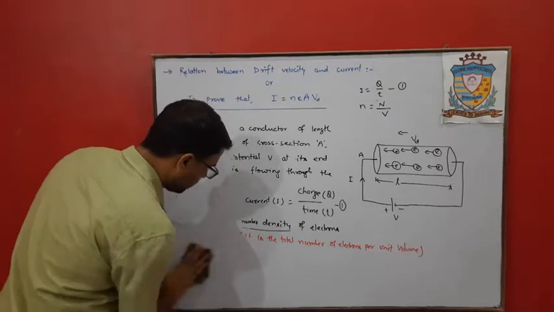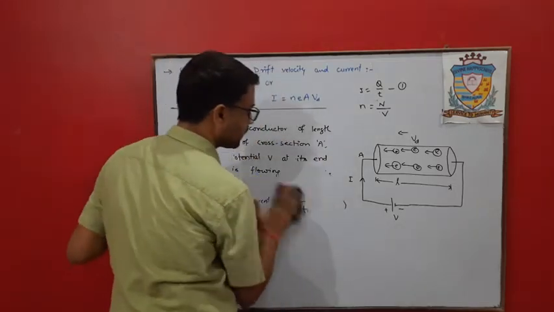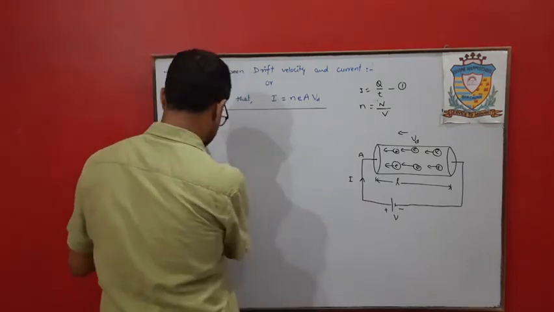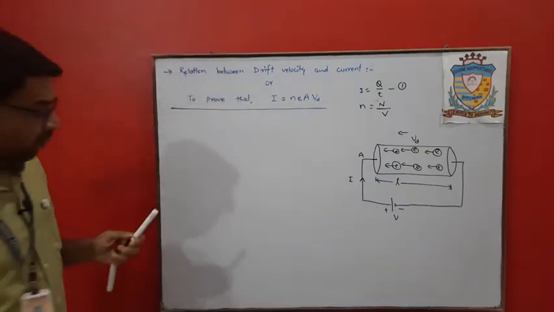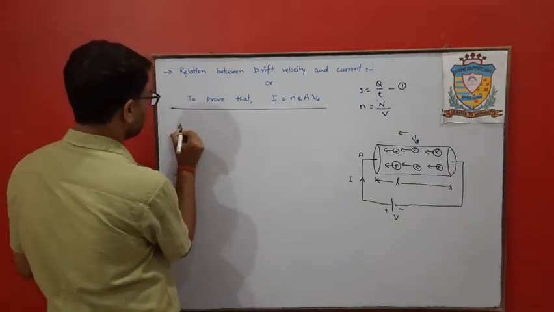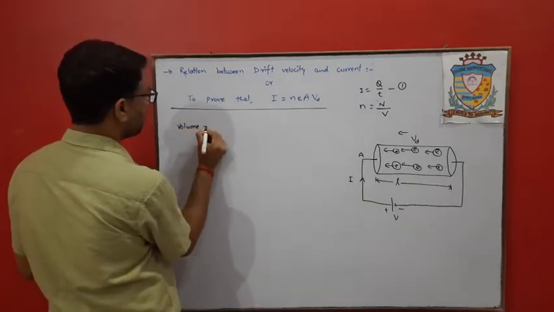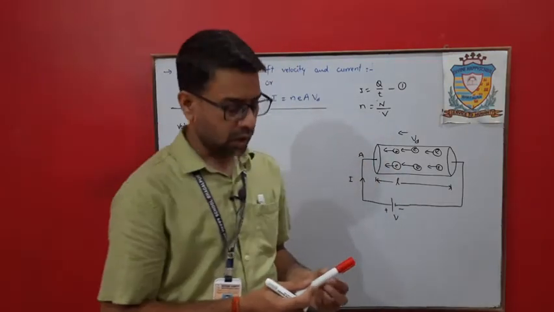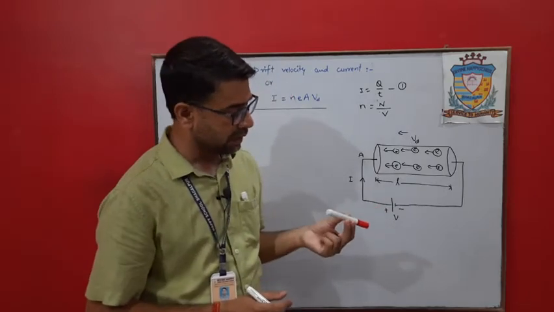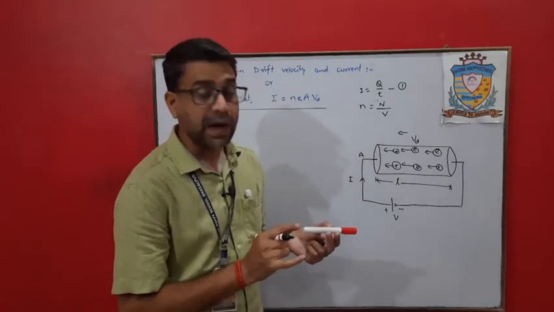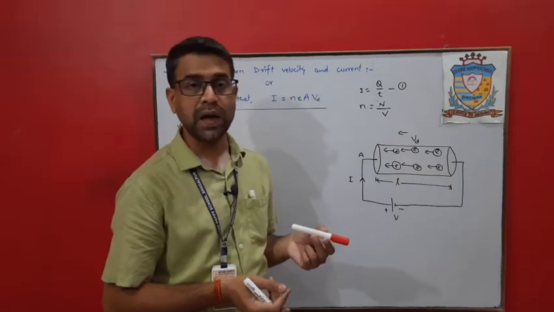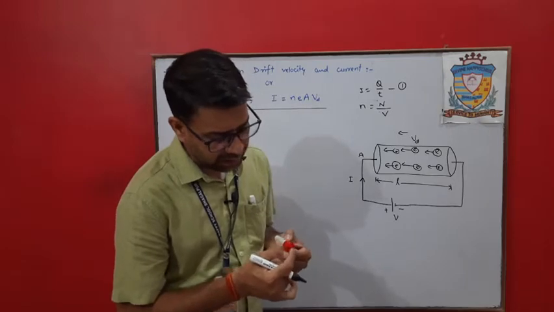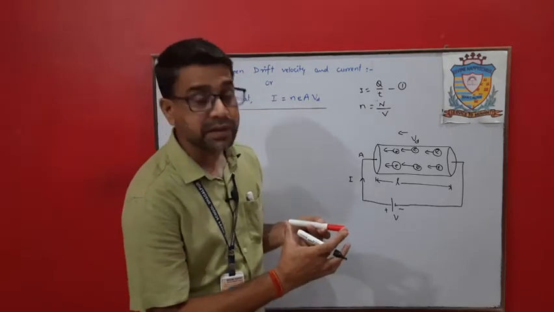Okay, now what is volume? Suppose that this is a cylinder. So what is the volume of this cylinder? It will be pi r square h. Volume of a cylinder is pi r square h. So pi r square is the area of cross section and h is the height.